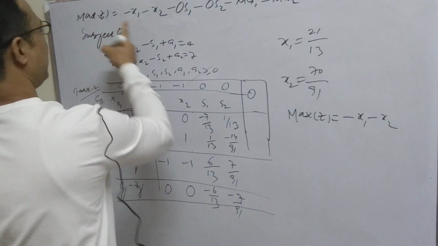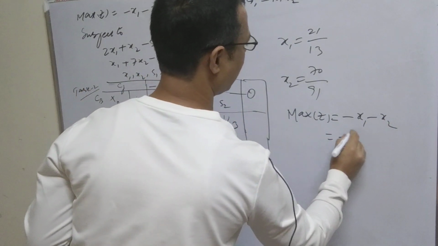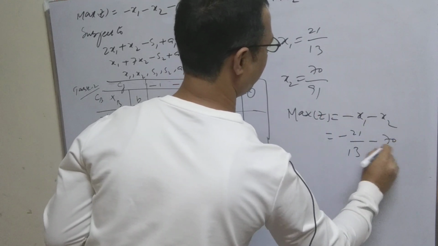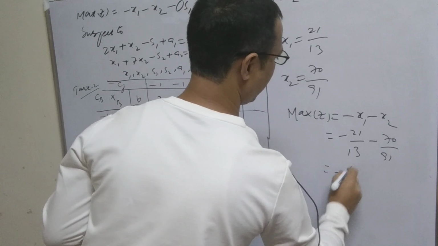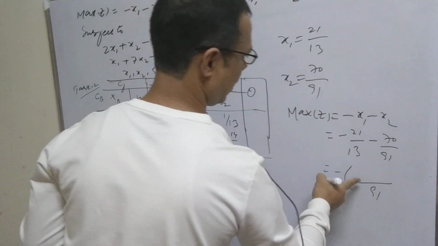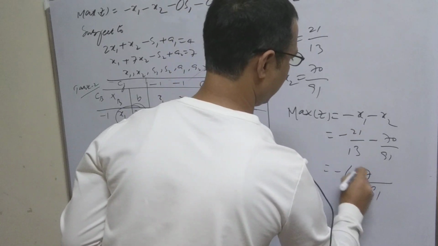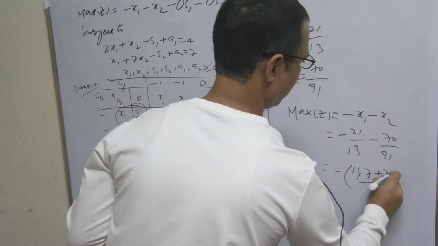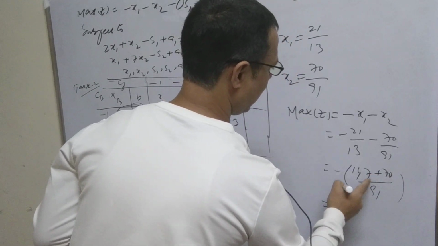So here minus x1 minus x2, it means minus 21 by 13 minus 70 by 91. Just take a minus common. So here 91 plus 70. So what will be the result?